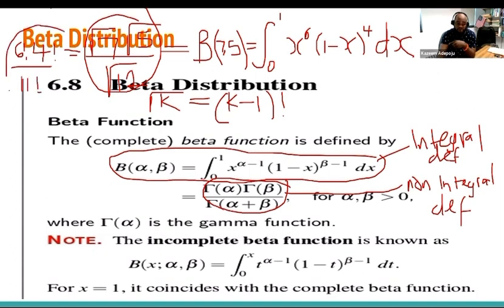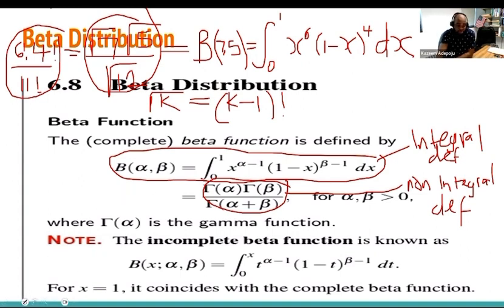This can easily be computed using your calculator. So I just tried to tell you both the integral definition and the non-integral definition of a beta function. I need you to take note of that.